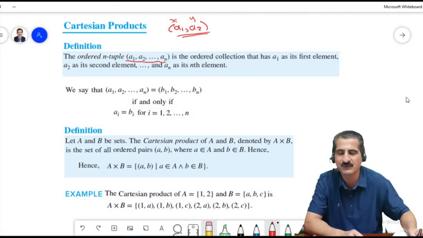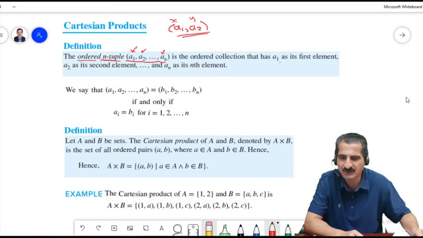Now we will have the ordered n-tuple. It has n components, a generalization of the ordered pair. It is the ordered collection where a1 is in the first coordinate, a2 is in the second coordinate, and so on, and an is in the nth coordinate.